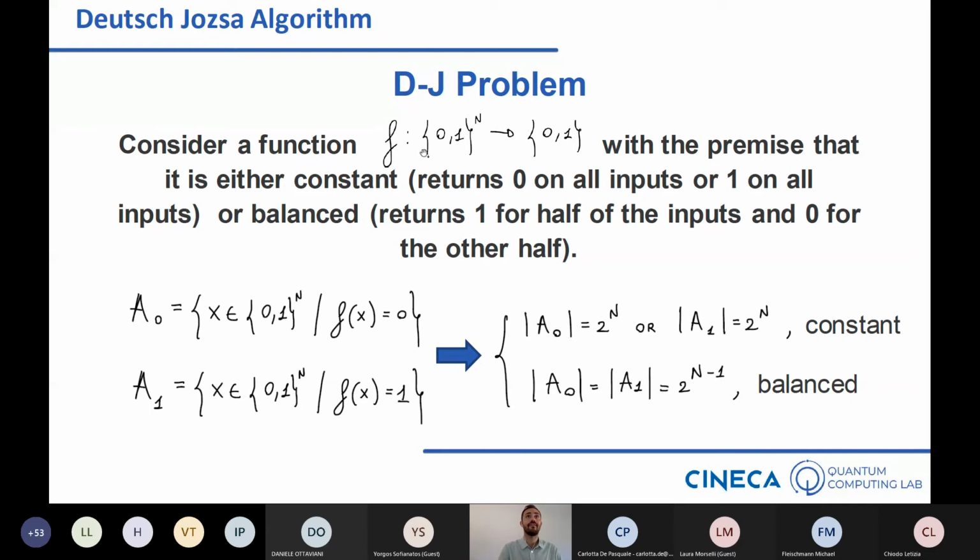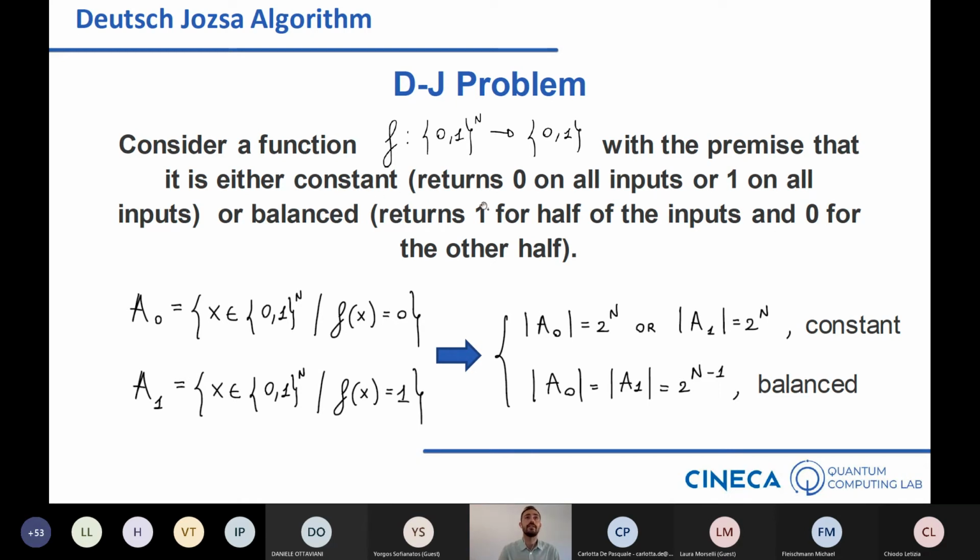This is our function, and we don't know exactly how it is done, but it's not important. What we know in advance is that such a function is either constant or balanced. What does it mean?